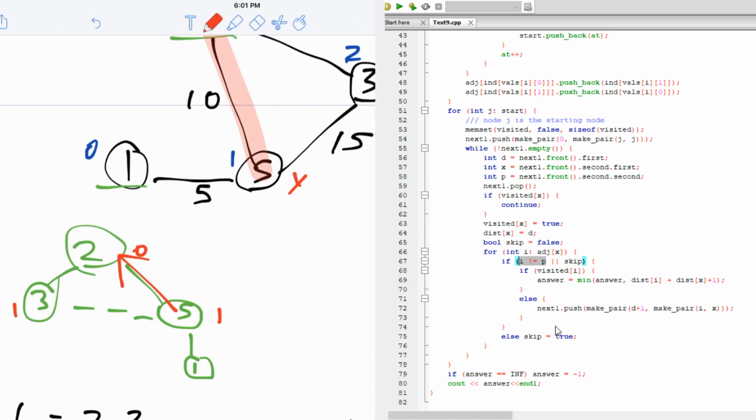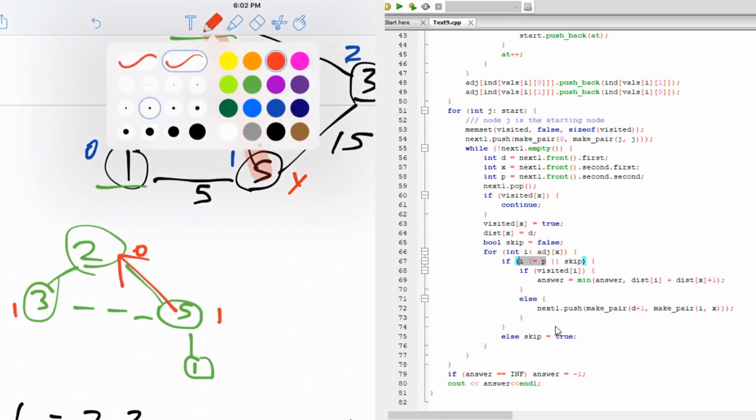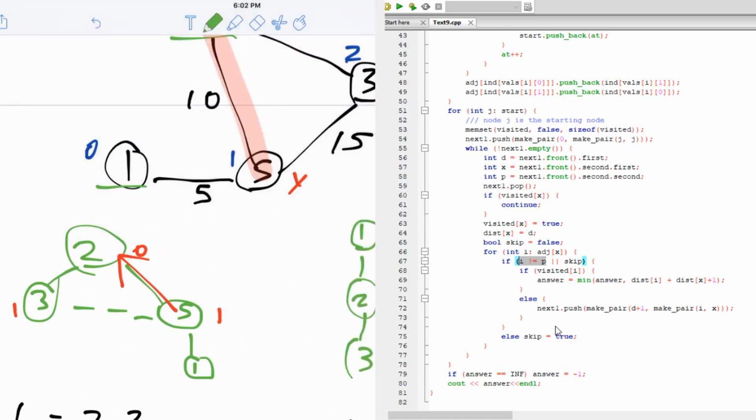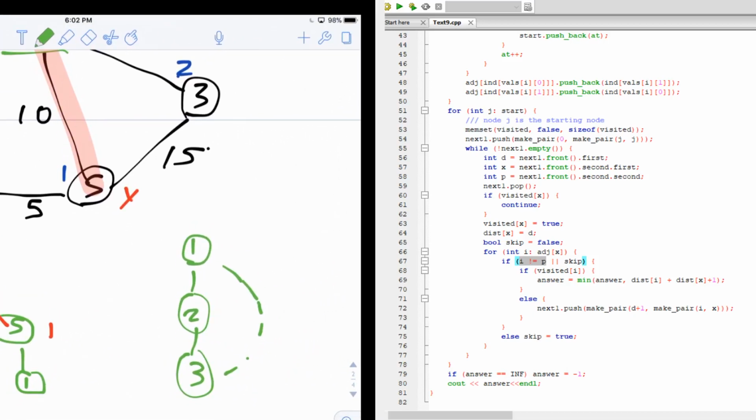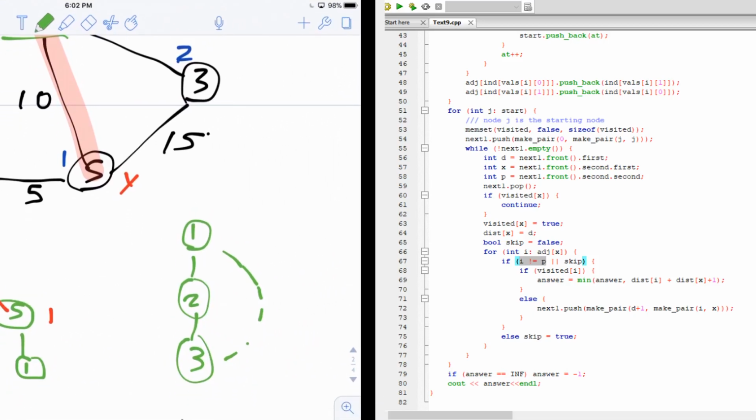This does allow you, however, if you have something like 1, 2, 3, and you have an edge that goes here, it allows this edge that goes from 3 to 1 to count, right? It only makes sure you don't go right back up on the edge you came down, which you don't want to do. But this edge here, you want to be allowed to take, because that represents this cycle here.